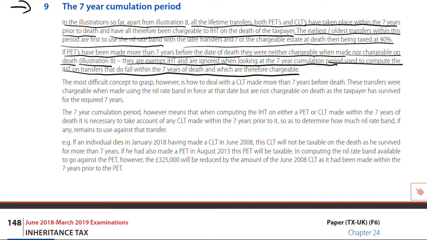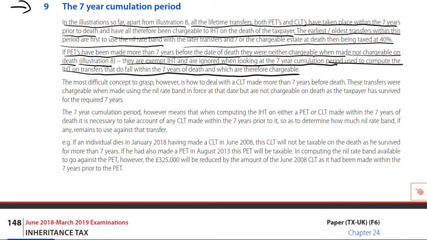So if you had a PET 8 years before the date of death and a PET 6 years before the date of death, the PET 8 years before death is not chargeable on death, nor does it affect any taxability of the transfer made 6 years before the date of death, a transfer which is chargeable because it does fall within the 7 years before the date of death.